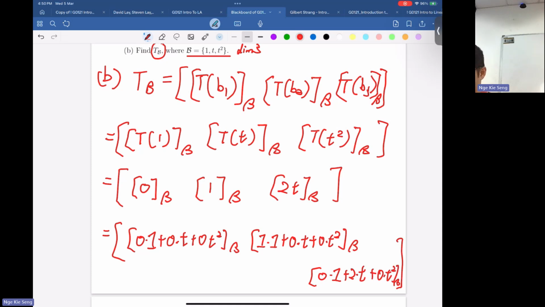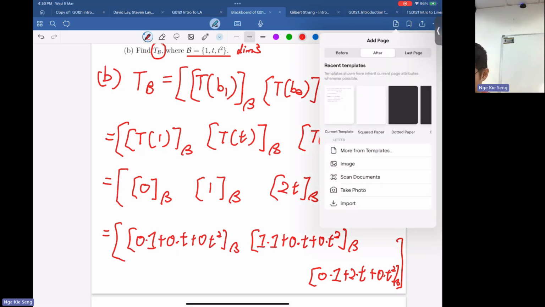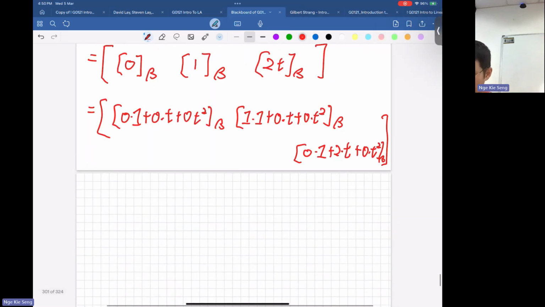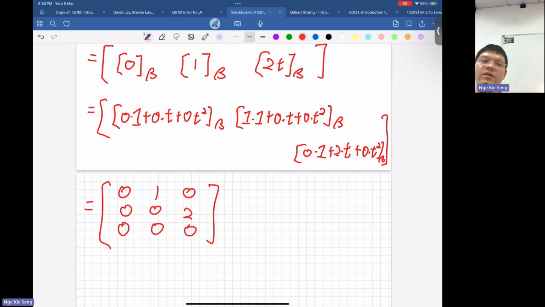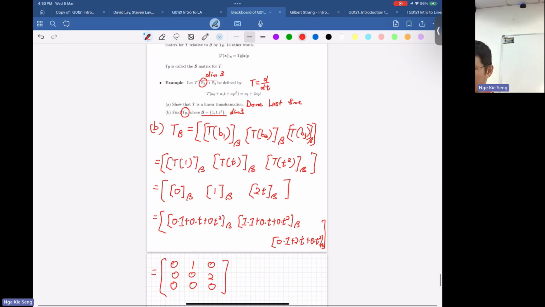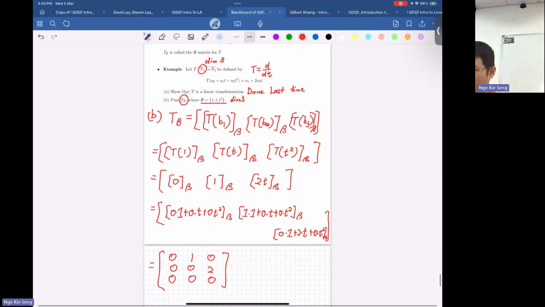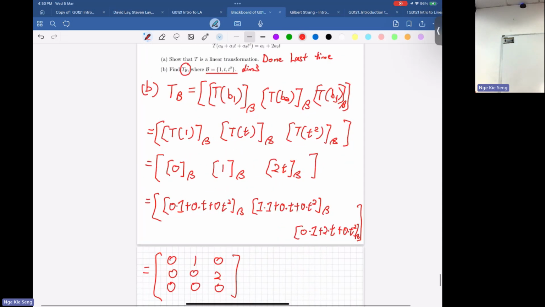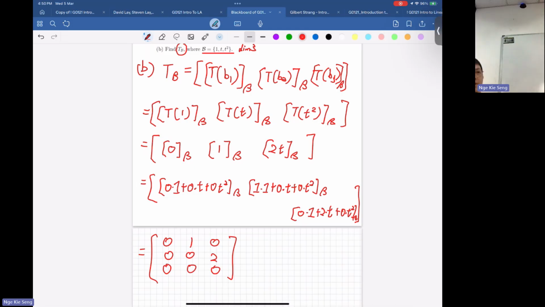If you read out the scalars, the first is 0, 0, 0. The second is 1, 0, 0. The third is 0, 2, 0. So this is your matrix, the beta matrix, or the matrix for T. That's all.